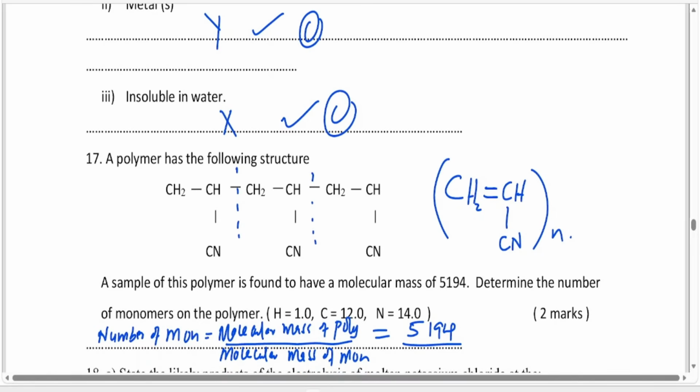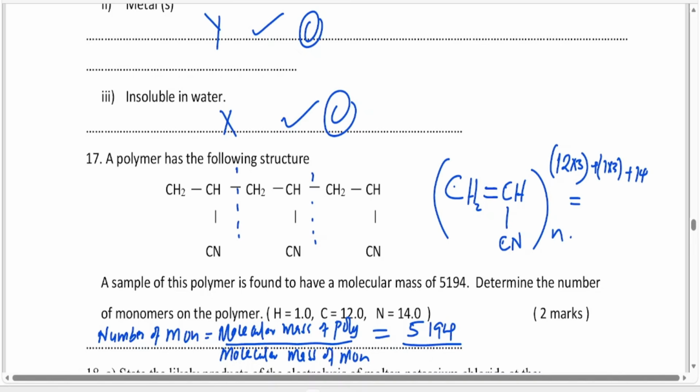In this case, we have 3 carbons, because we have 1, 2, and then 3. So we have 12 times 3, plus hydrogens, 1 times 3, plus 1 nitrogen, 14.